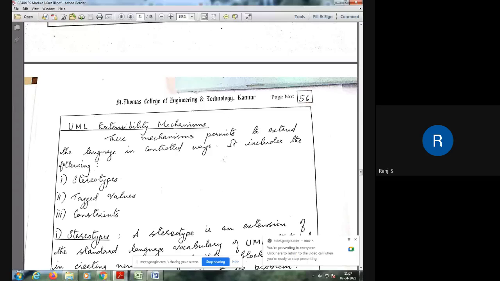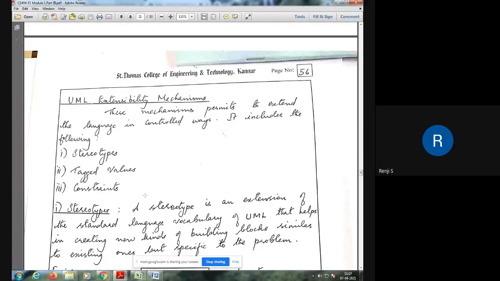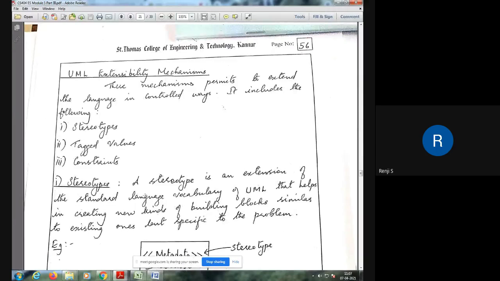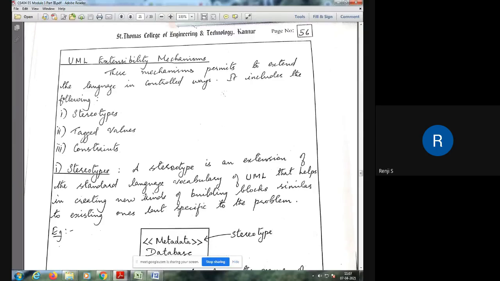That is, there are certain definitions which are defined by UML, but if I want to extend the standard language vocabulary of UML, I can extend it in permissible ways using these 3 mechanisms: stereotypes, tagged values, and constraints. Stereotype extends the standard language vocabulary. There are certain symbols defined in UML, but if I want to extend that functionality to include my own definitions, then I can use stereotypes.